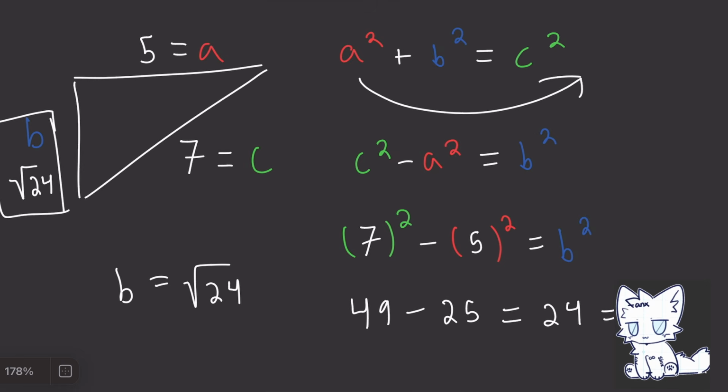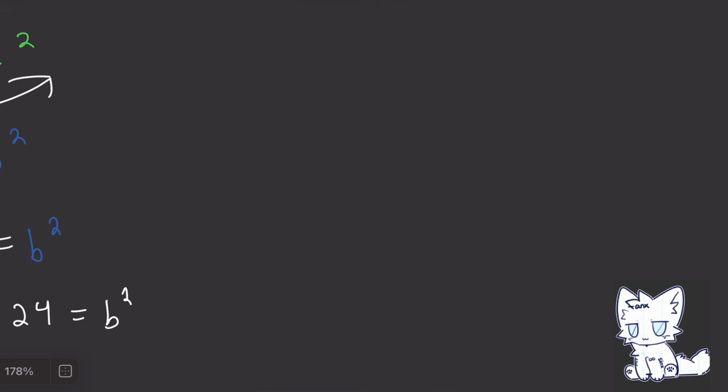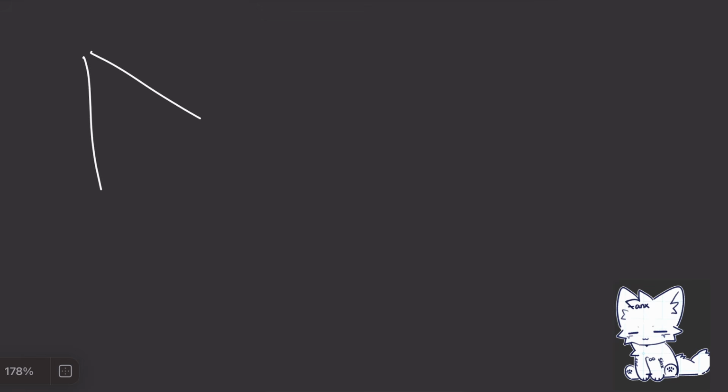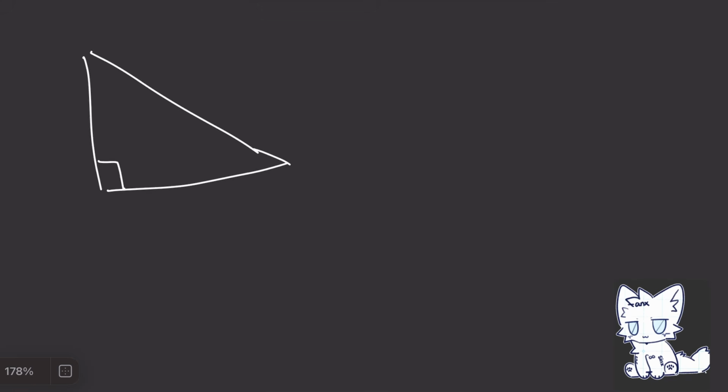Let's try another problem. Let's say you have a triangle with a right angle, and you know that this side is equal to 10, this side is equal to 11.